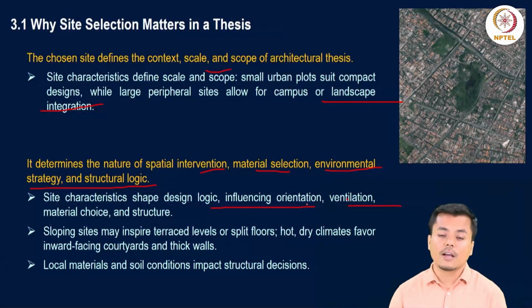That is how climate decides the orientation of the building, as well as the ventilation. Sloping sites may inspire terrace level or split floors. Local materials and soil conditions impact the structural decisions of the project.